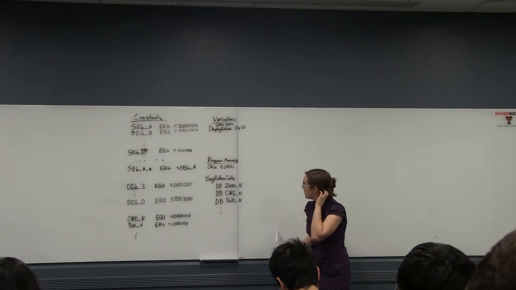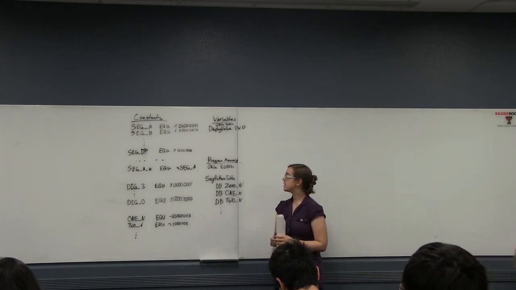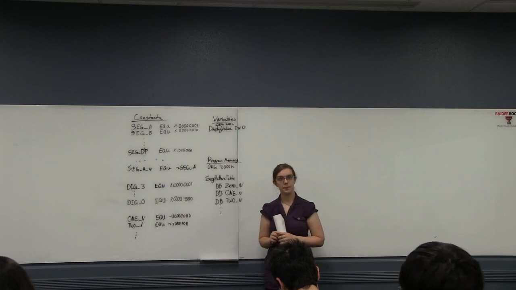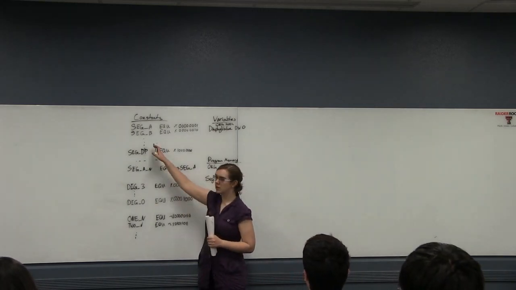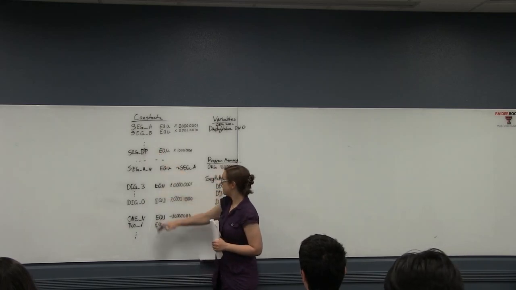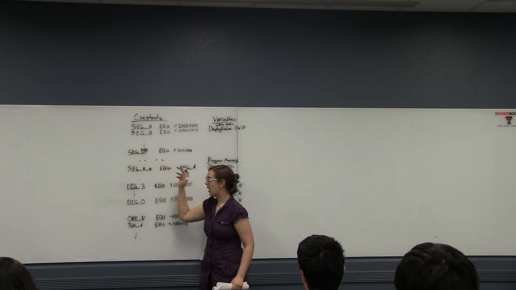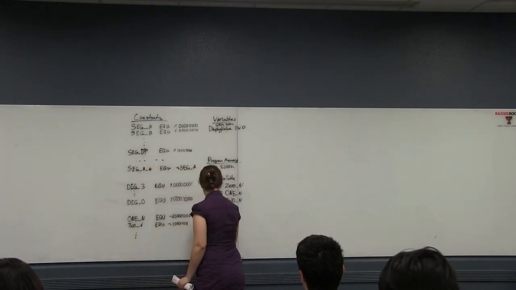Okay, so to set up for this, we have some constants, variables, and a table in program memory. So constants, these are all set in binary to different values because we're using a 7-segment display.